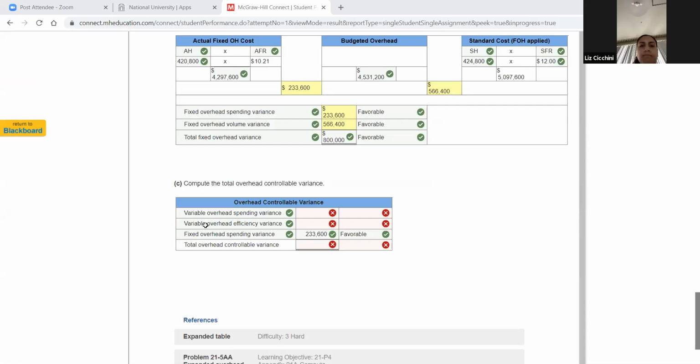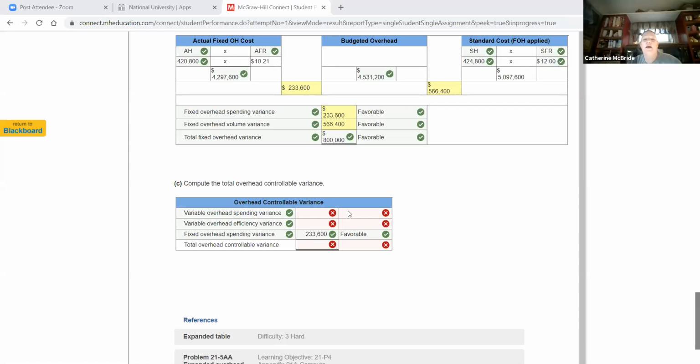That's all it is. And then getting a total, that's it. And then when you said the total overhead controllable is always going to be those three, right? Yes, but they're not on the test. Okay, cool. That's perfect. All right, I'm going to make my numbers then.